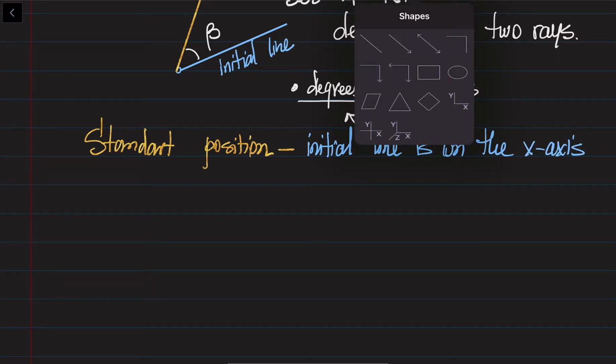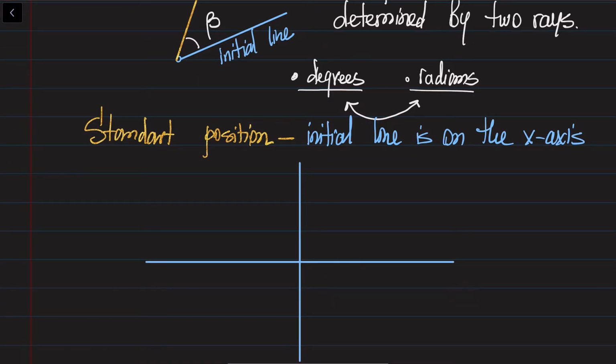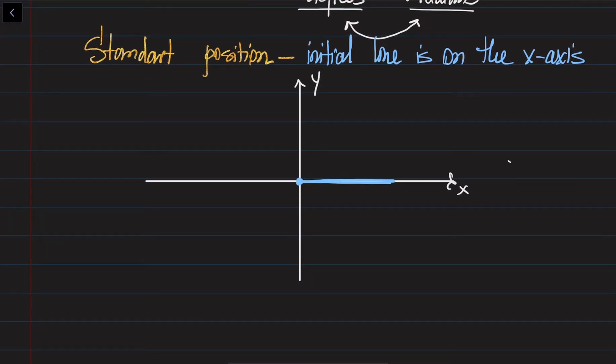I'm going to draw the rectangular coordinate system first of all. So this is the x-axis and y-axis. You see, my initial line here should be on the x-axis, so that it is going to be the standard position.